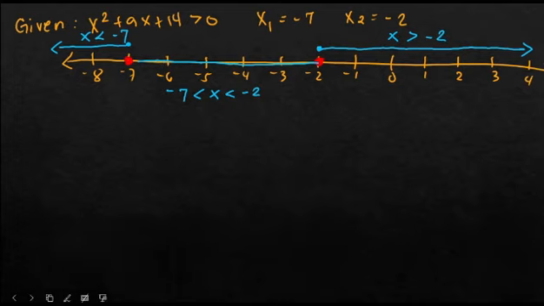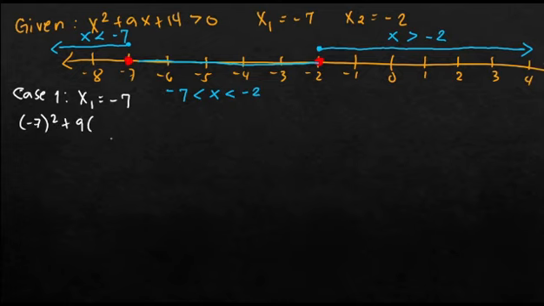Then, proceed tayo sa case to case. Checking tayo ng case to case. So, case 1, gamitin natin is x sub 1 muna na negative 7. So, substitute. We have negative 7 squared plus 9 times negative 7 plus 14 greater than 0.